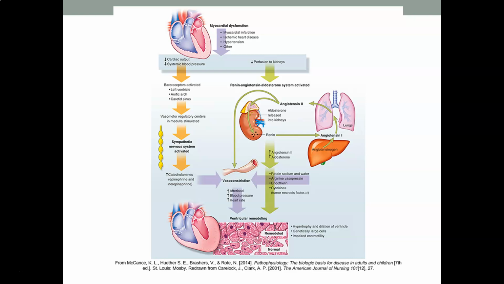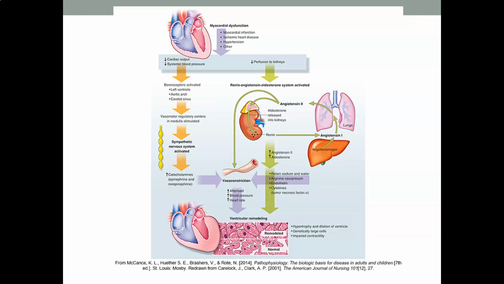So as you can see with myocardial dysfunction, whether it's an MI or ischemic heart or hypertension, you have decreased cardiac output, decreased systemic blood supply. That activates the baroreceptors in the left ventricle, aortic arch, and coronary sinuses.